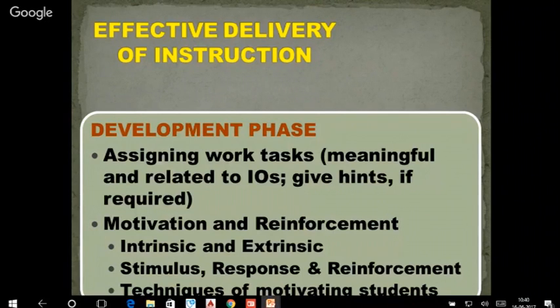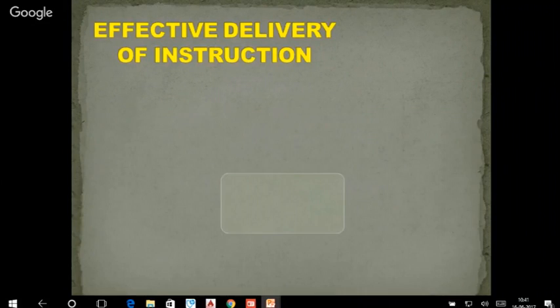If I go with this attitude, students will also be able to enjoy with me. And if I go into the classroom with an attitude, oh, today again there is a class, it will show on my face, right? So energy should show on my face: yes, I am very happy to be in the classroom. Okay, and there are a number of other techniques which will be taken up later on.